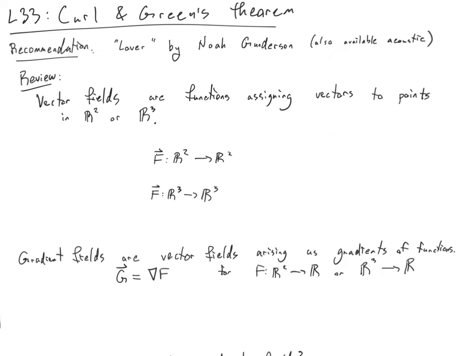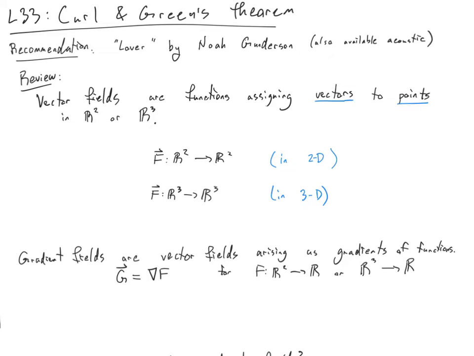We've been drawing these as little arrays of vectors floating all over a plane, or hypothetically in R3 as well. They're pretty hard to graph in R3, but the key thing is you put a vector at every point. So in 2 dimensions, it looks like a function from R2 to R2, and in 3 dimensions, it looks like a function from R3 to R3.